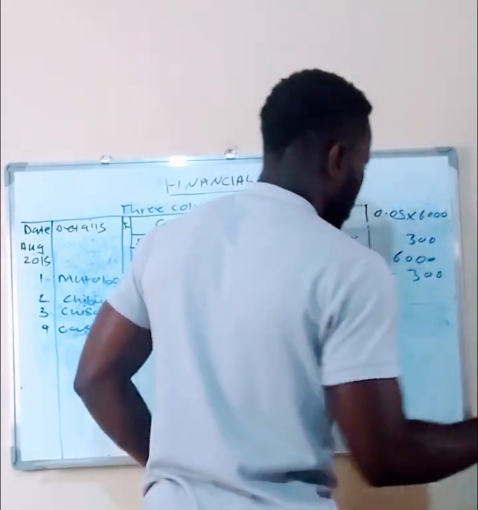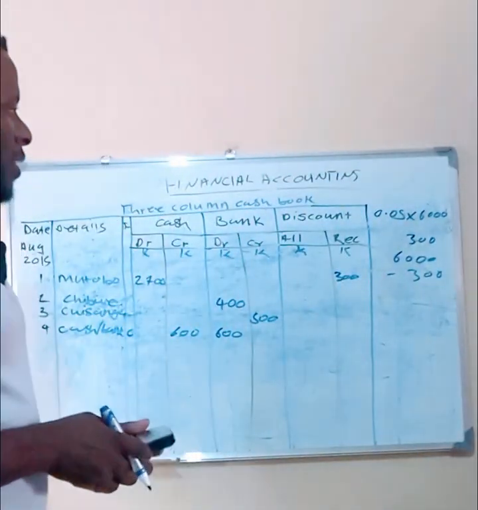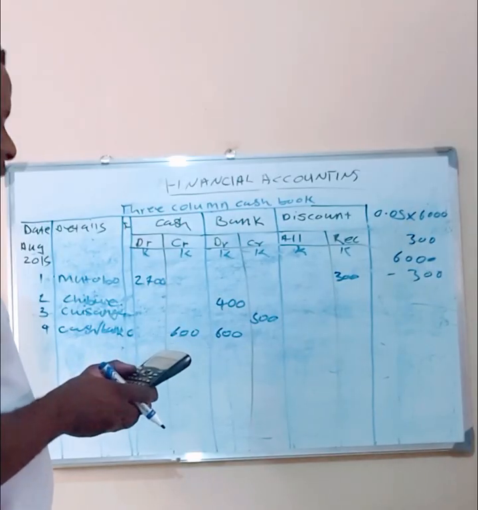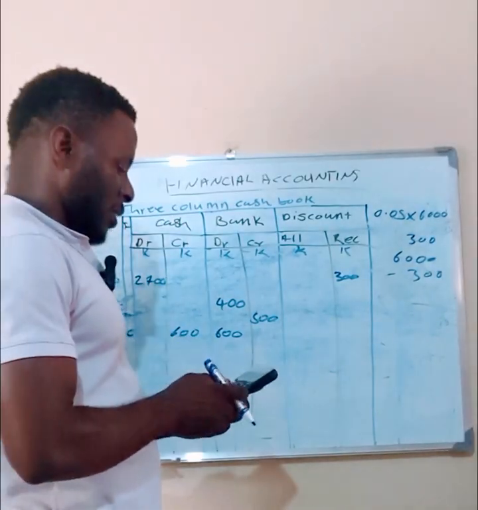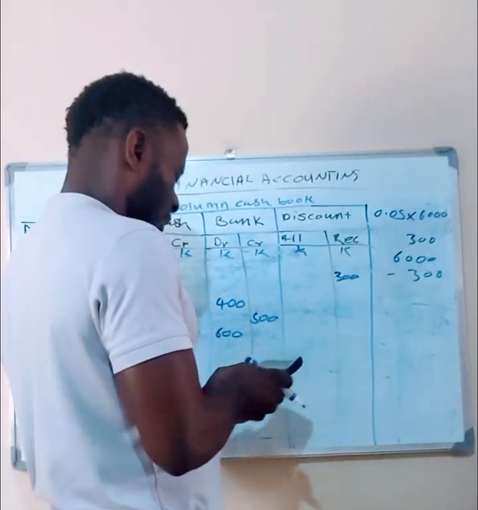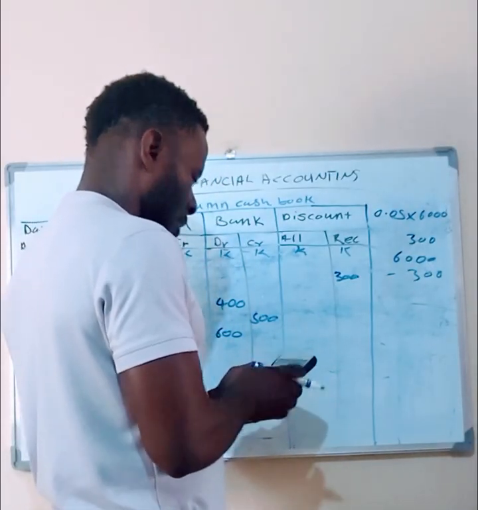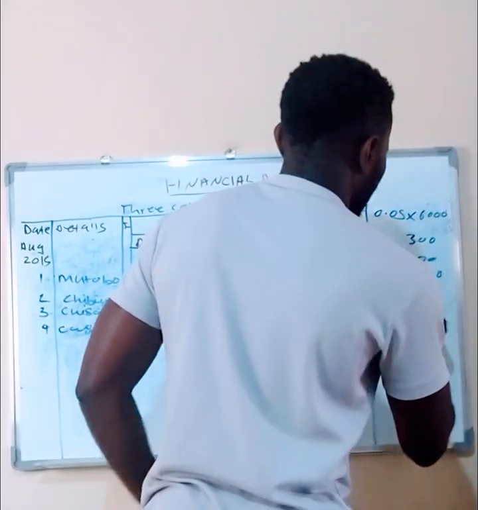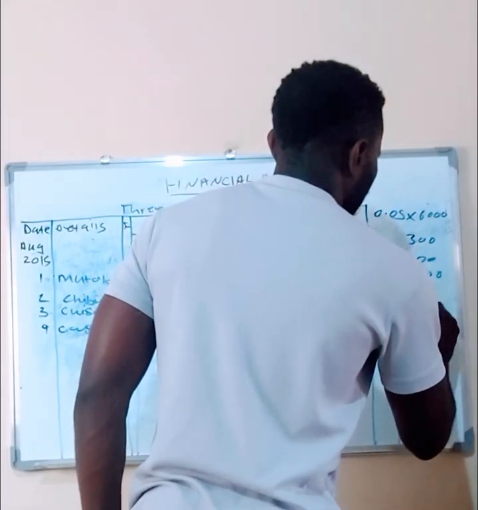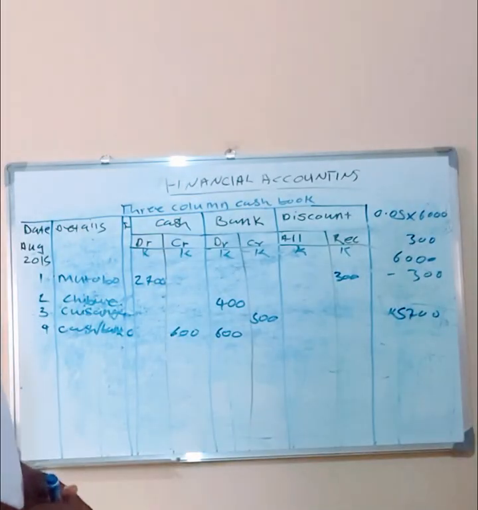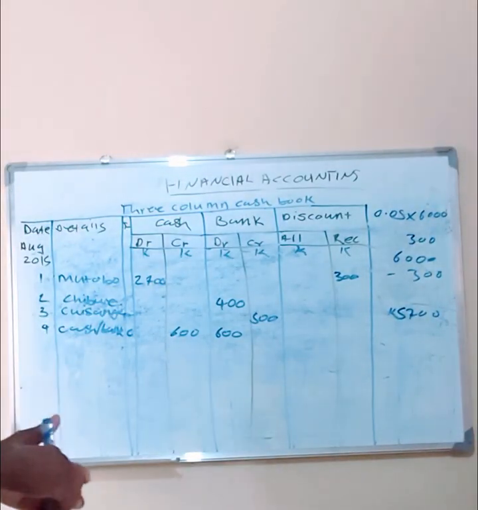We're getting 5,700. So instead of selling these goods at 6,000, we ended up selling them at 5,700.